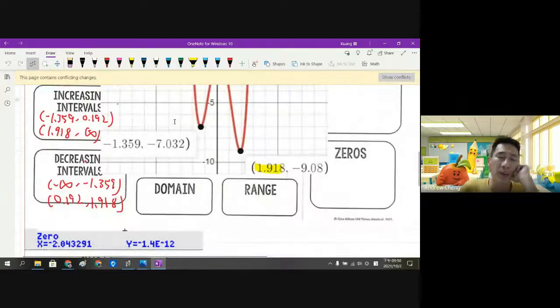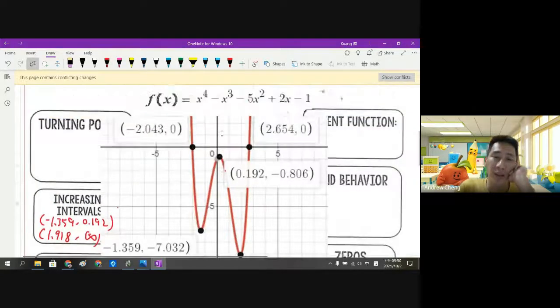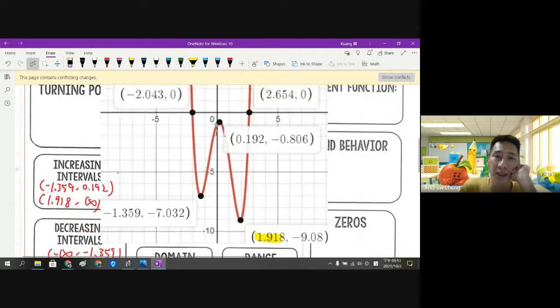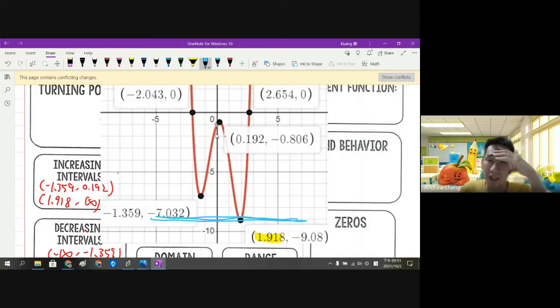So the domain for a polynomial function is always all real numbers, right? Range is y, right? Because you see the whole graph is above this line. The graph will not go below this blue line. So you can say y will be greater than this value. What is that value? This value is negative 9.08.